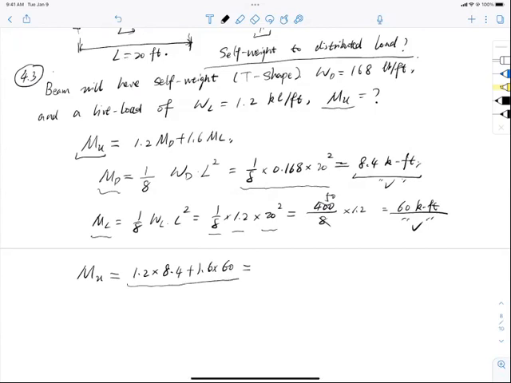1.2, 8.4, 1.6, 60. That's like 96 plus something. 106.08.